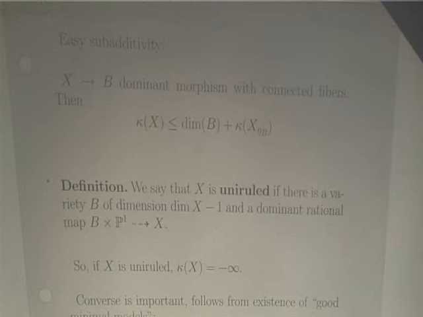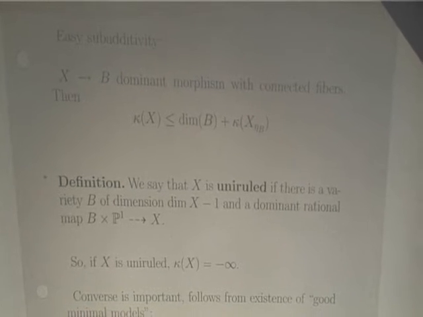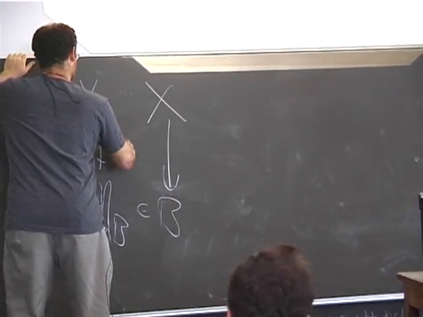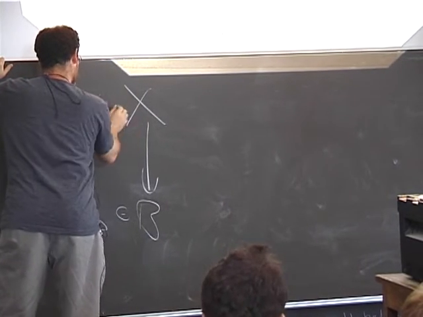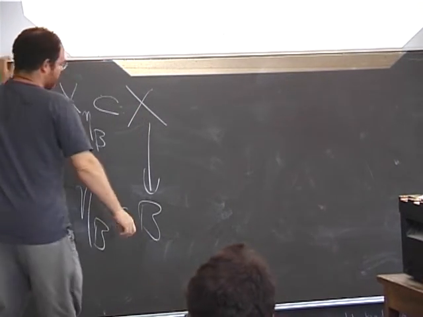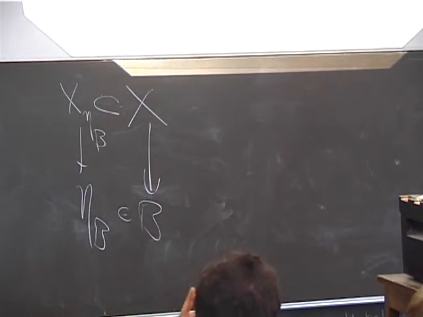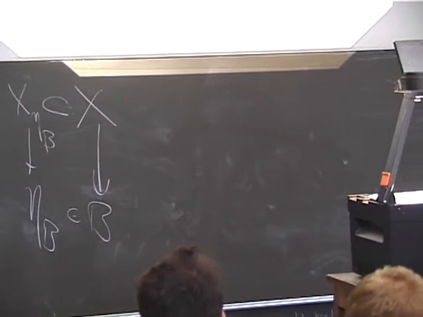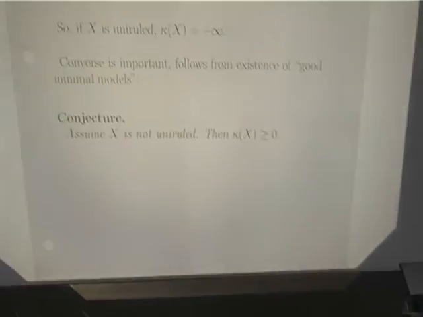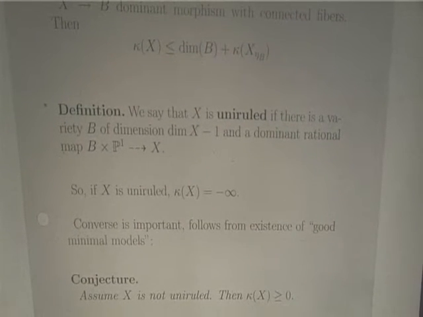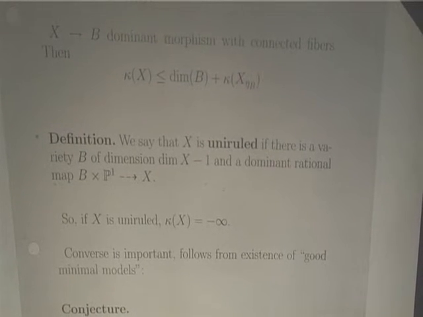I have my X, and it maps to B, and here I have the generic point, and here I have X eta B. And so what this says is if you lost something, if the generic fiber is not of general type, so there's some defect in terms of Kodaira dimension, then the same defect at least will occur in the variety in the total space.